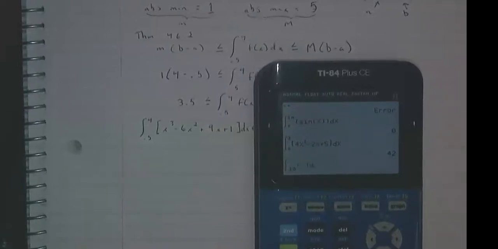We'll do 0.5 as our lower bound, 4, and we want x cubed minus 6x squared plus 9x plus 1, and we want that in terms of x. And we're going to press enter and just really hope. Orange box, did I do something wrong?